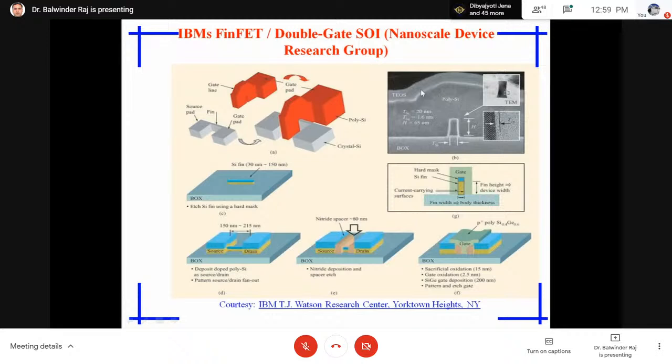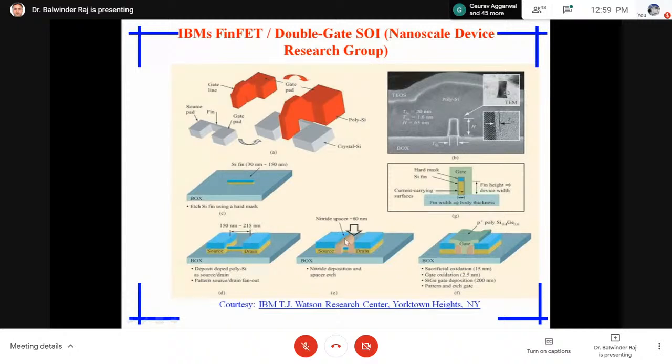So with this set of parameters, they have designed this FinFET on the buried oxide, the box. With SOI technology, these are the different ways you can go for a single box, then grow the source and drain, and the separation in the source and drain.